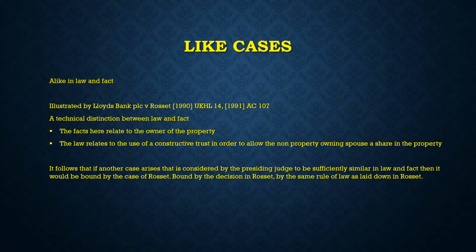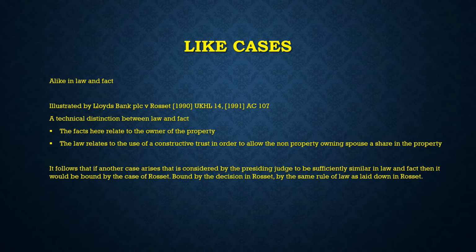The use of an equitable device, such as a constructive trust, to lead to someone being able to obtain a share of the property as the non-property owning spouse. The facts in Rossett are the ownership, and the legal issue is how the device, the constructive trust, can be used to allow the non-property owning spouse a share in the property.